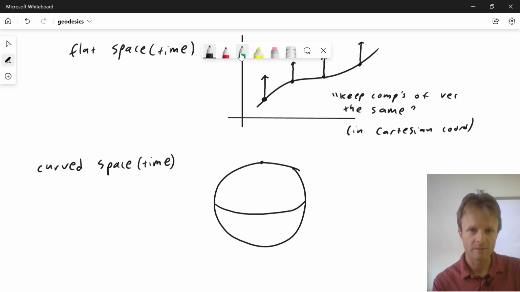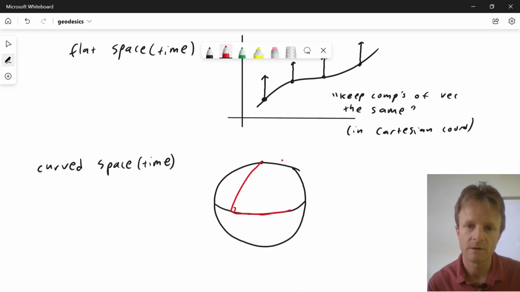And so we're going to maybe draw that in red here. So we go from the North Pole down to the equator along some longitude line. Then we go along the equator for exactly pi over 2. And then we go back up along the next longitude line to the top.